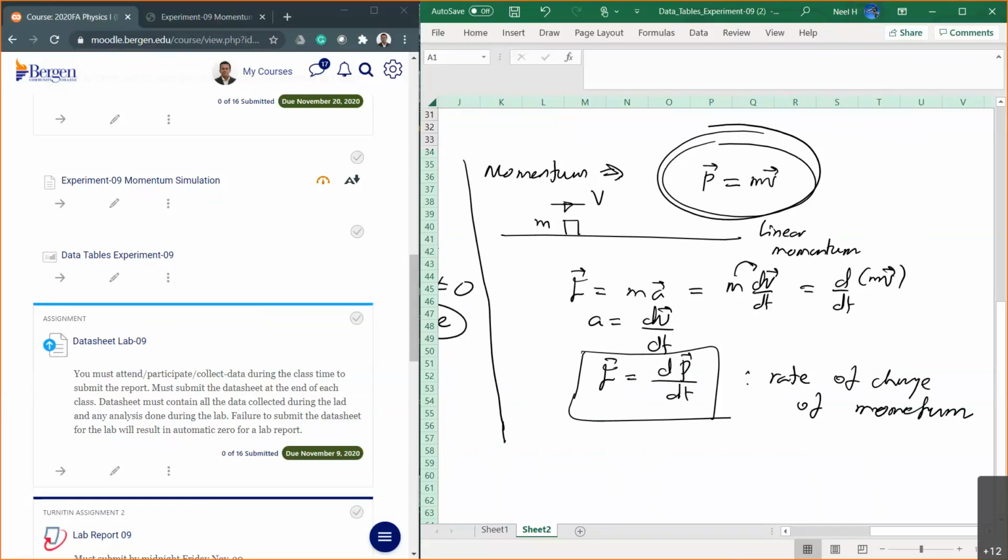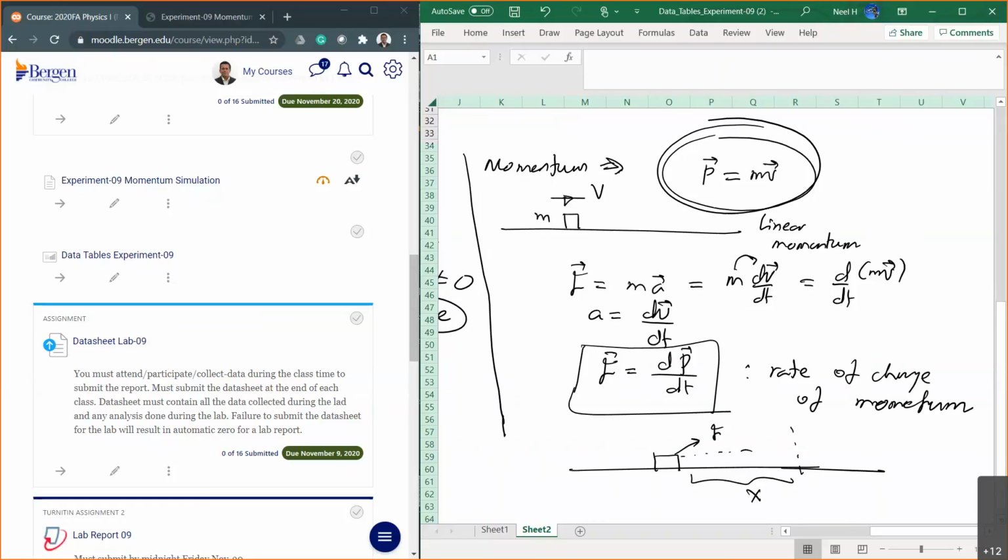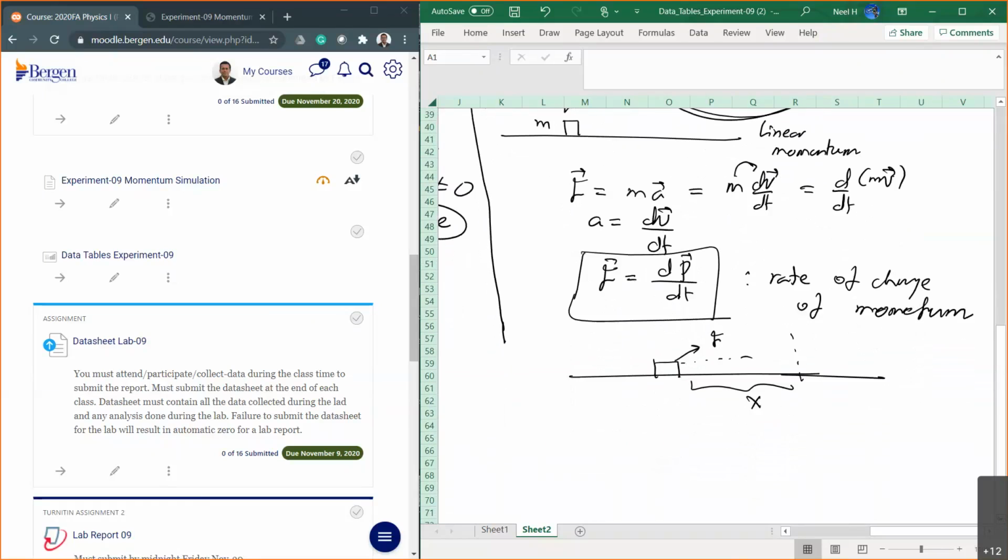That makes sense because let's say I have an object here, and I apply a force in this direction, which drags the object a distance x along the x axis. As a result, it has an initial velocity, let's say vi. After some time, it has a final velocity because it is under acceleration.